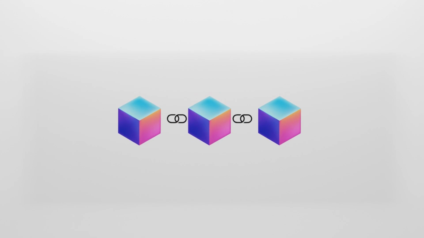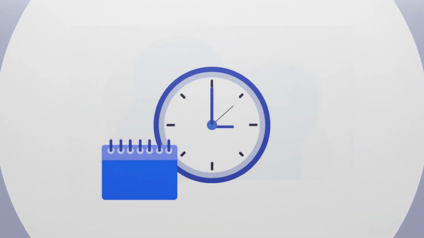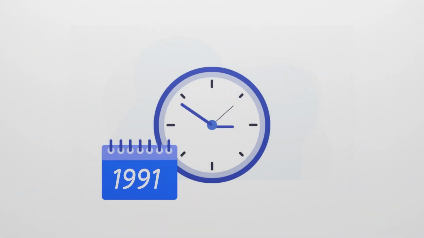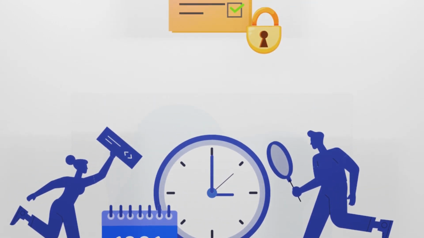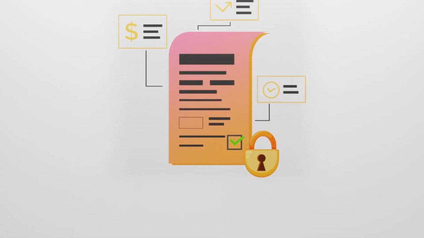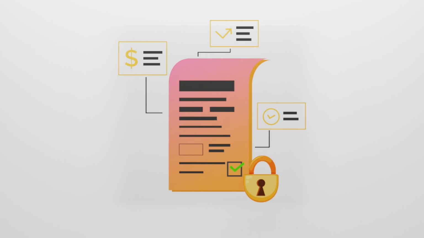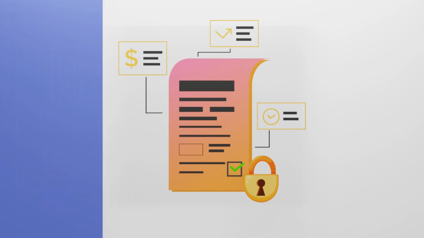Like the name suggests, a blockchain is a chain of blocks that contain some information. This method was originally described in 1991 by a group of researchers and was originally intended to timestamp digital documents so that it's not possible to backdate them or to tamper with them.